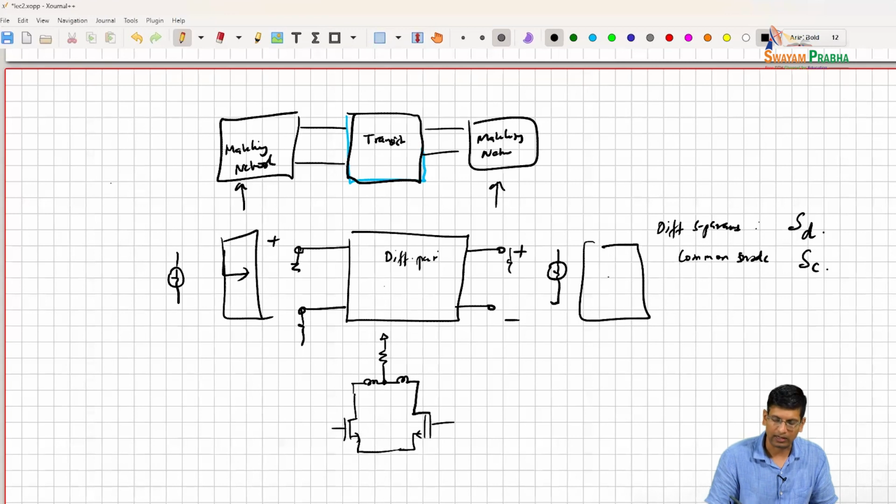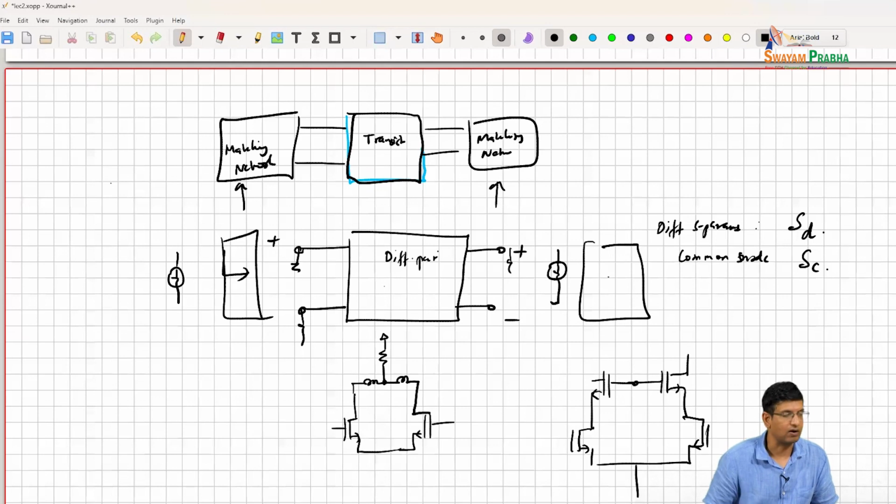Or even more commonly, something people actually do, let's say this is a cascode pair. In AC, this is a ground. I can put a resistance over here and bring my V bias in this way. So my network in common mode changes because I am able to introduce a resistance that does not exist in the differential mode, and that resistance stabilizes my design.